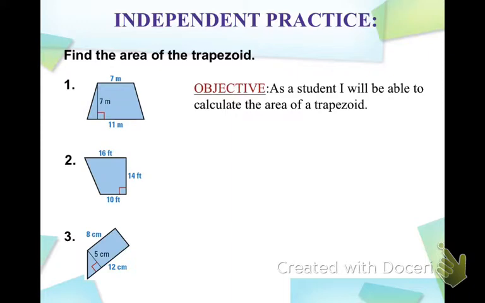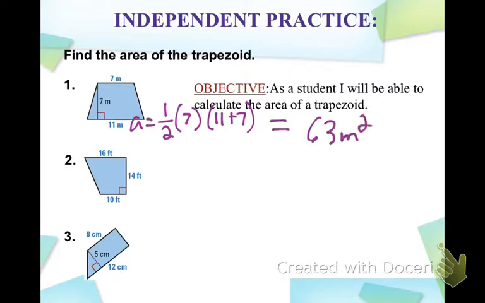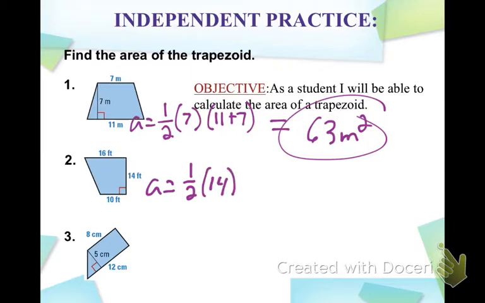Alright, and I am back. Here we go. This is what you should have had. As your formula, you should have had 1/2 times 7 times 11 plus 7. And if you would have done that total, you would have gotten 63 meters squared. Okay, that's your first one. Next one, you should have area equals 1/2 times 14 times 16 plus 10.